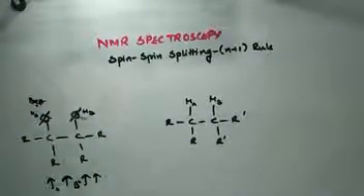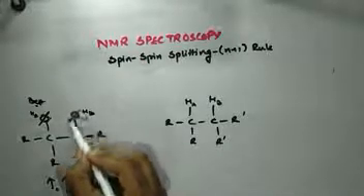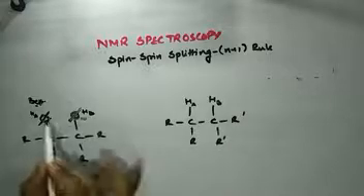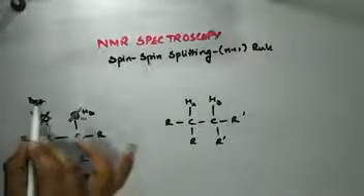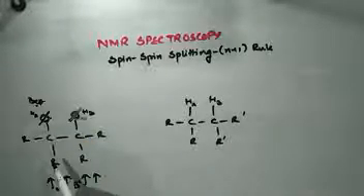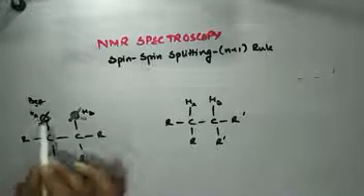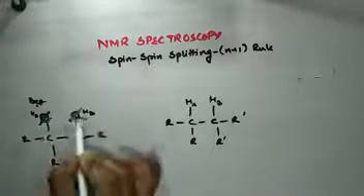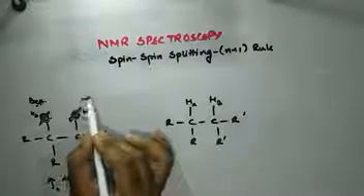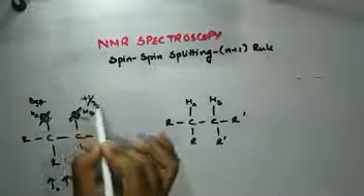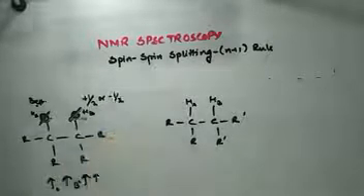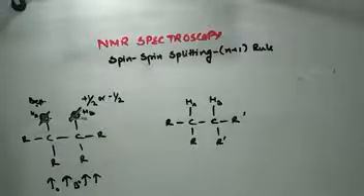So thinking like that, this magnetic field will either enhance the effective magnetic field or oppose it. How? With respect to this proton, the adjacent proton can either arrange itself with the externally applied magnetic field or against it.